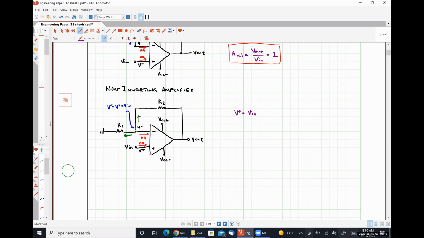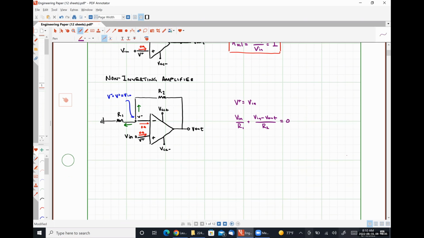So that's going to look like Vn over R1 plus Vn minus V out over R2 is equal to 0.